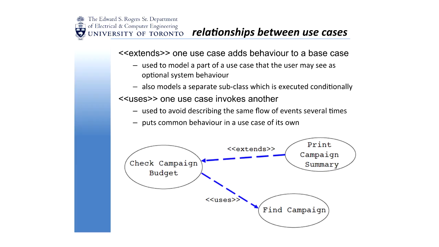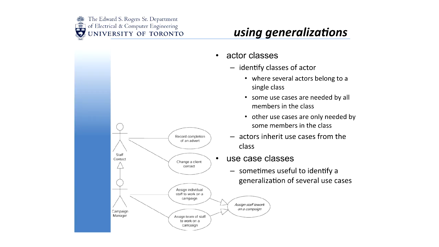We can further refine these models by using generalizations. We first identify actor classes, where several specific actors belong to a single class. In this hierarchy, actors inherit use cases from their parent class.